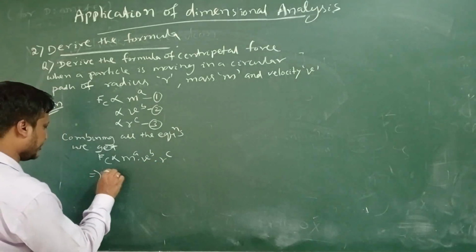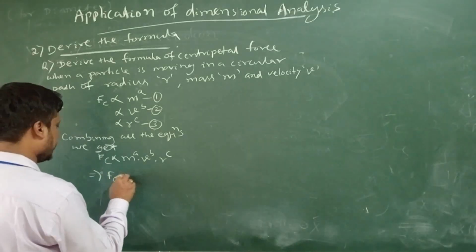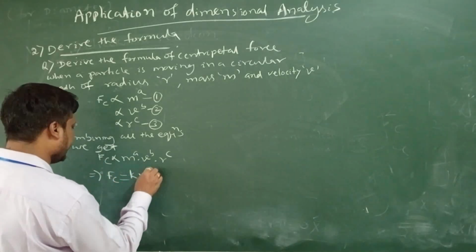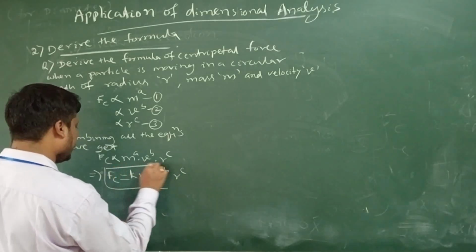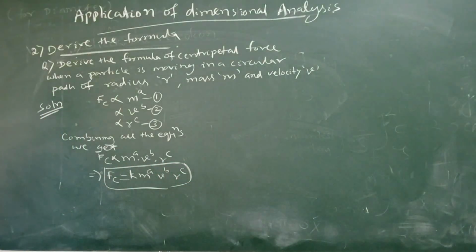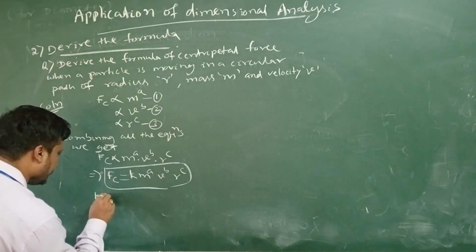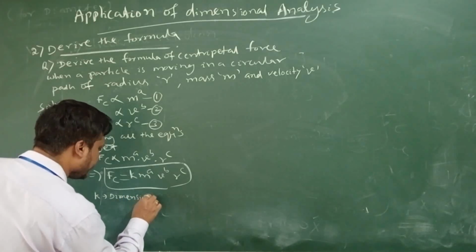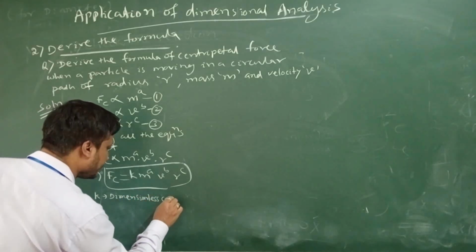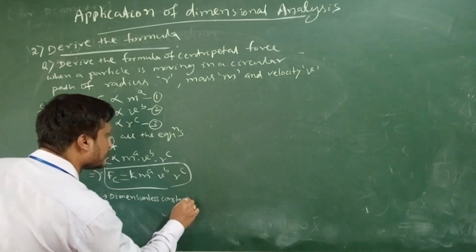That is Fc equal to k m to the power a, v to the power b, r to the power c, where k is the dimensionless constant.